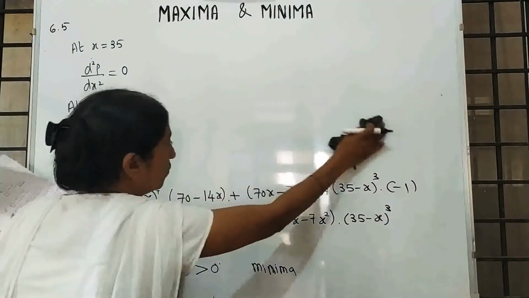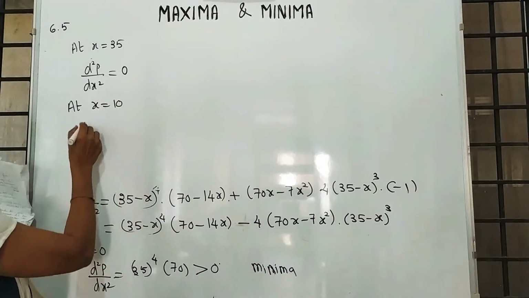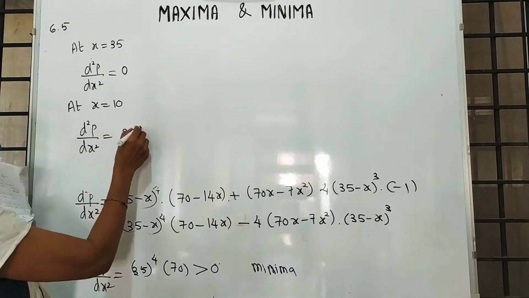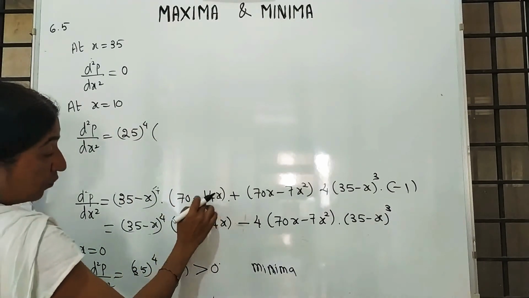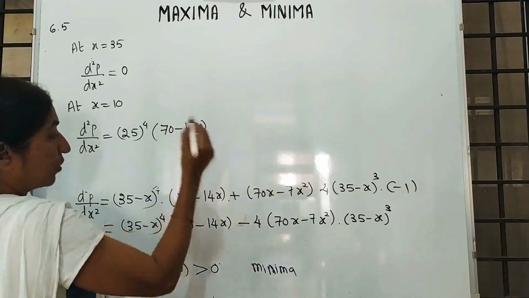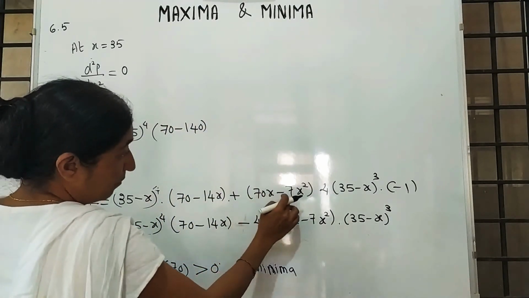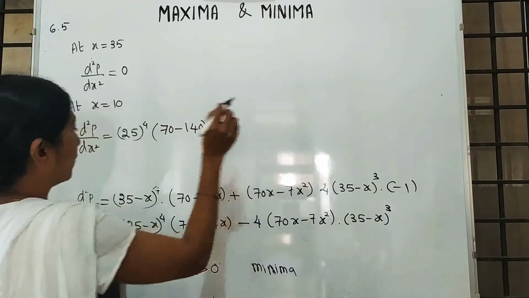At x is equal to 10, 35 minus 10 is 25 raised to 4. Next, 70 minus 14 into 10, which is 140, so 70 minus 140. And here 700 minus 700, this will be 0. 0 into anything is 0, so the next part will be 0.